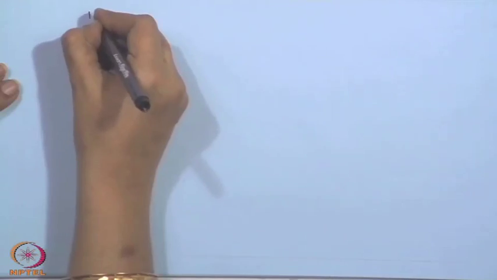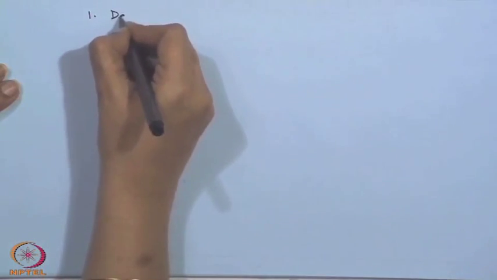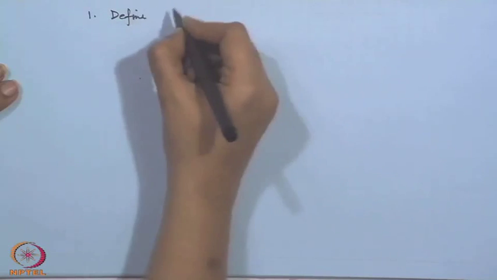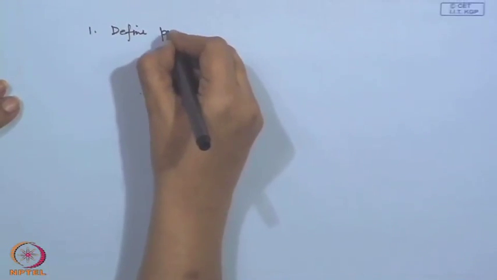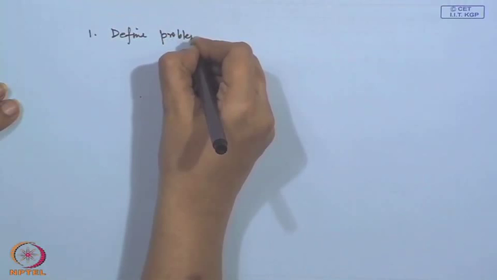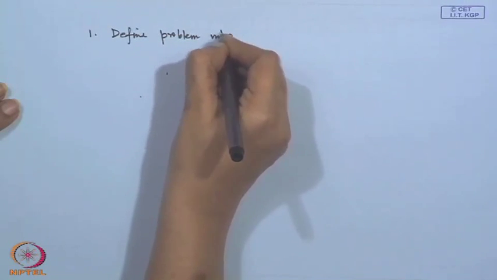The basic philosophy for solving a dynamic programming problem is that the first step is to divide the decision situation into smaller parts.